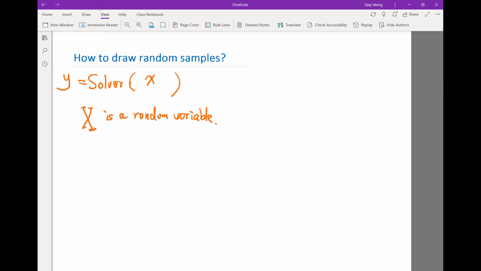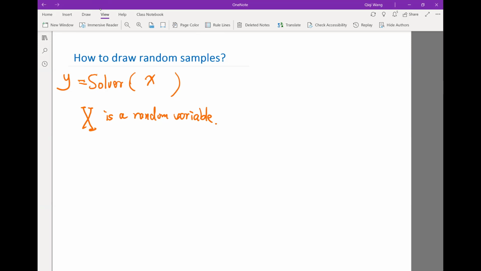Of course, if you want to completely characterize x as a random variable, you need to give me the probability space, and what x is as a function that maps from the probability space to the set of all numbers. But that is usually not given.